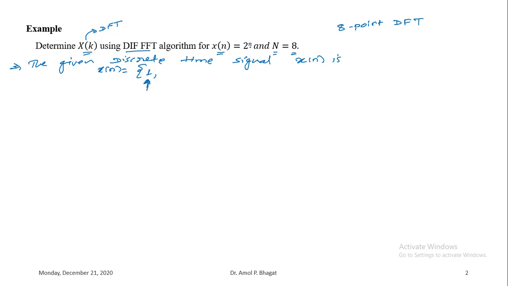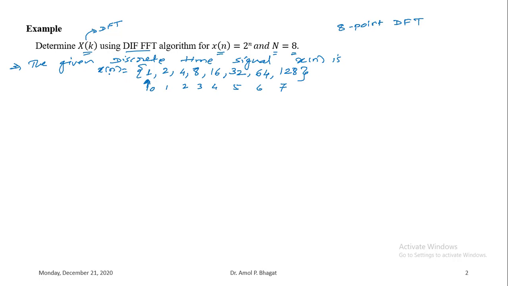Then for n equal to 1, it will be 2 raised to power 1, that means it will be 2. Similarly for 2 it will be 4, for 3 it is 8, for 4 it is 16, for 5 it will be 32, for 6 it will be 64, and for 7 it will be 128. So these will be the 8 samples, for n equal to 0 to 7, total 8 samples in x of n.